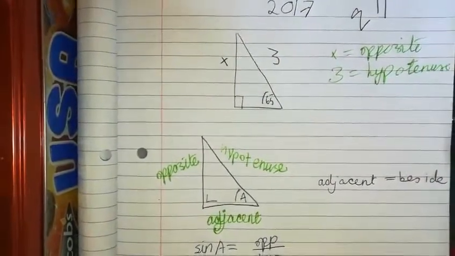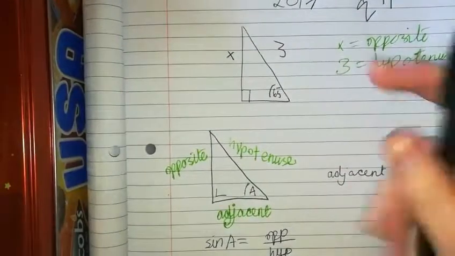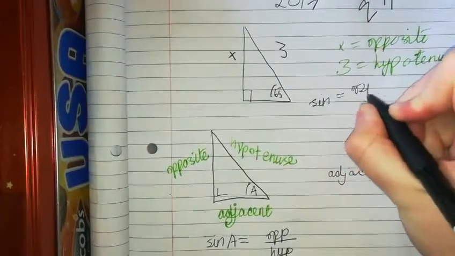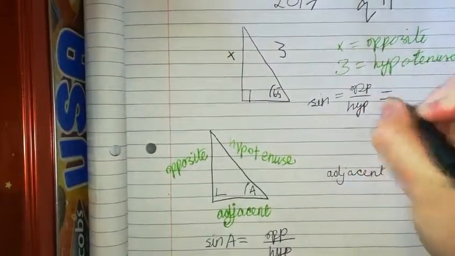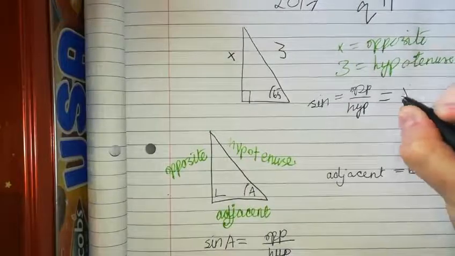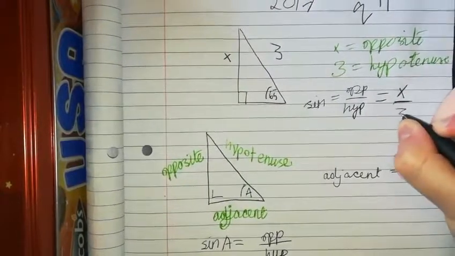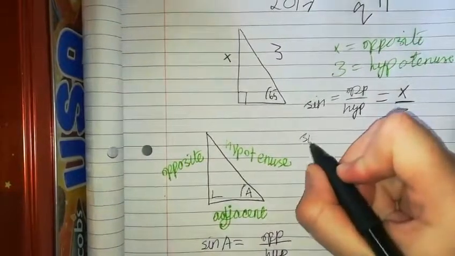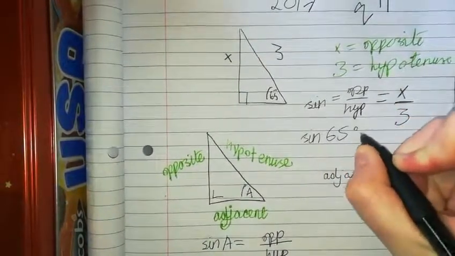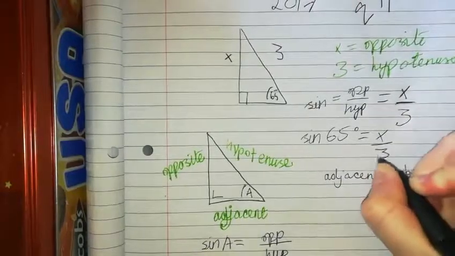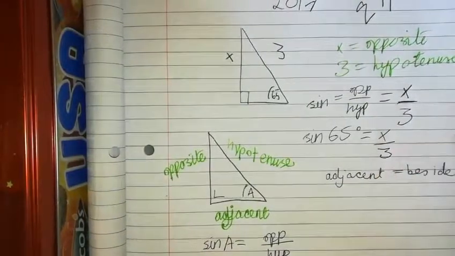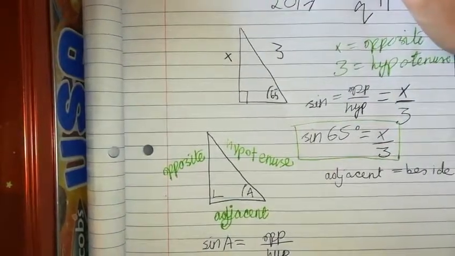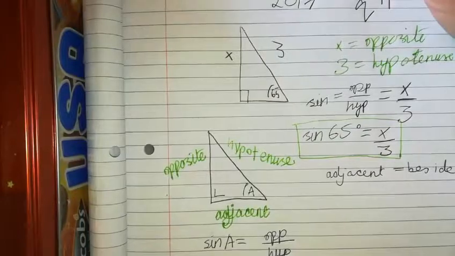So the sin of this angle, which is 65, is the opposite over the hypotenuse, so it's going to be equal to x over 3. They asked for it in terms of x, so this is exactly right. Sin of our 65 is x over 3, and it's okay to have x in our answer. That's our answer for that part.